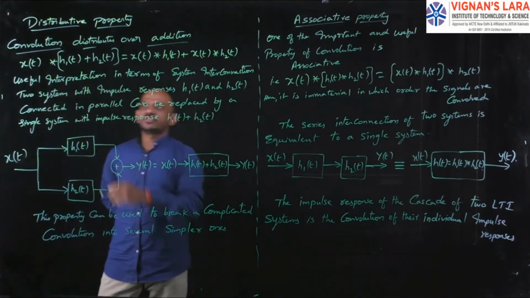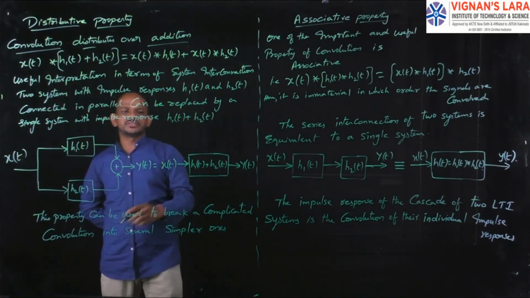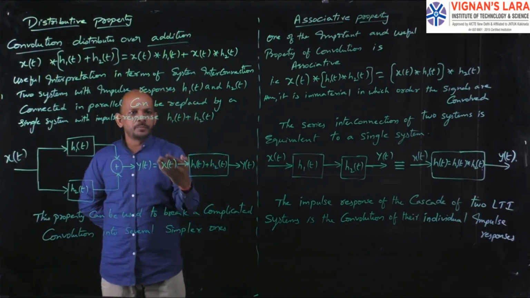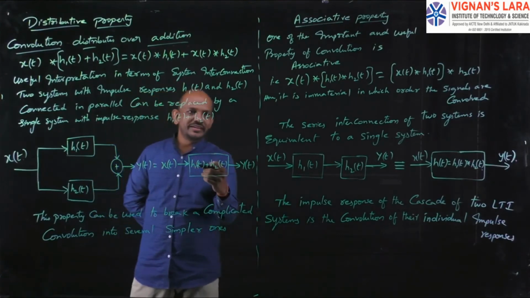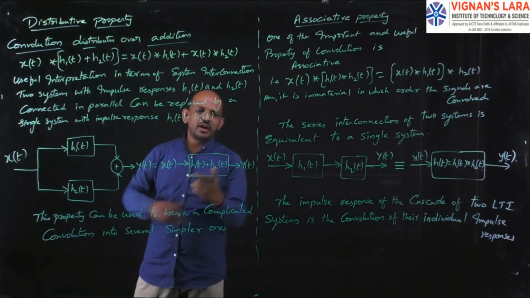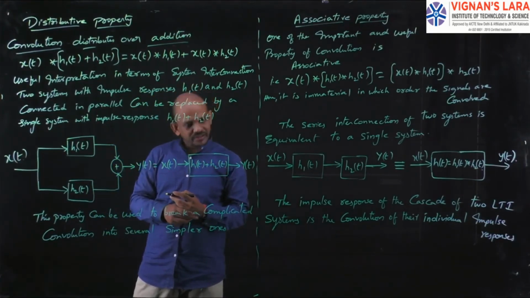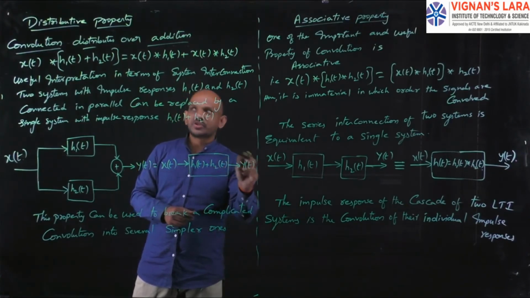See this one, x of t convolution h1 of t plus h2 of t. That is, I am giving an input of x of t to a system whose impulse response is the summation of h1 of t plus h2 of t, and it is producing an output y of t.